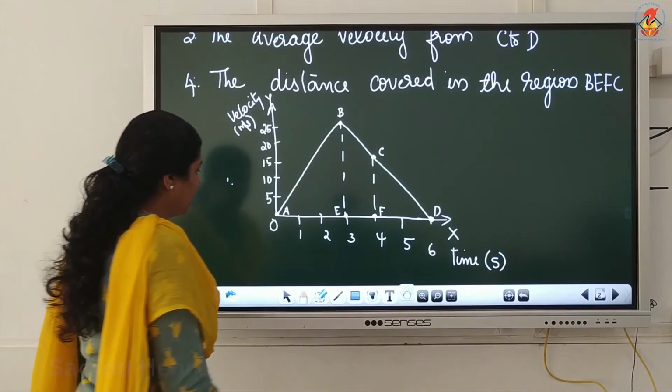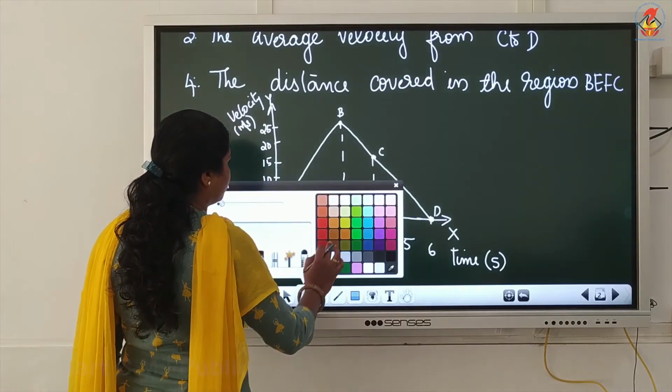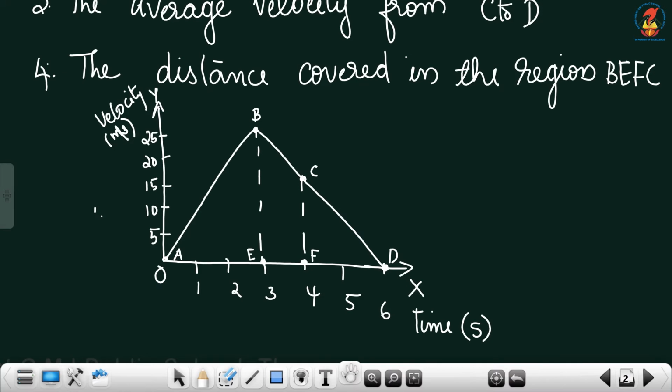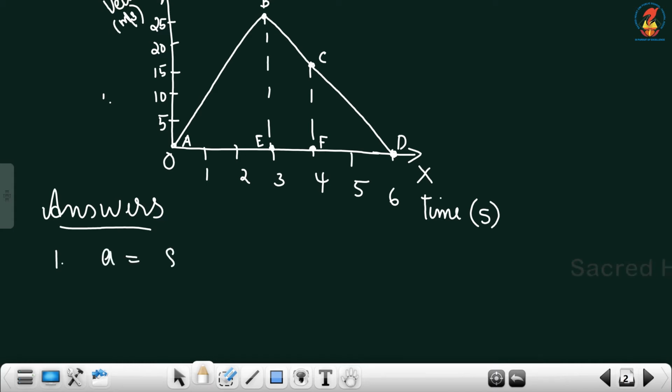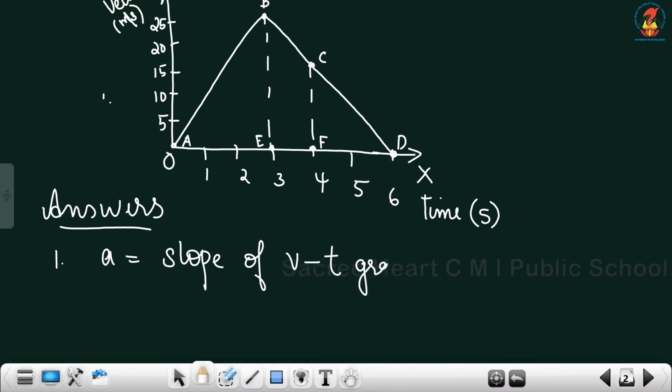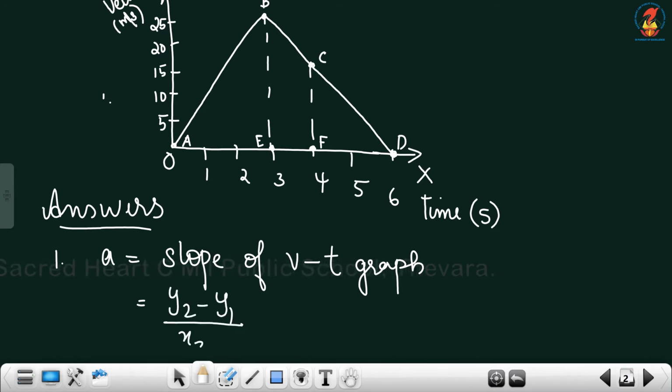So, we will do the first one. What is the first one? Find the acceleration from A to B. Acceleration is equal to the slope of the VT graph, that is (y2 minus y1) divided by (x2 minus x1).